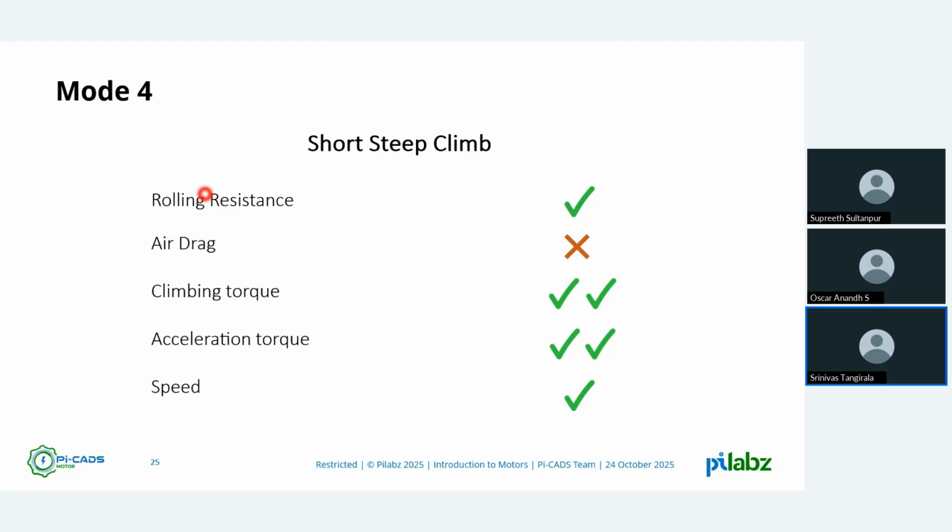But climbing torque is very high because you need to overcome the gravitational force, and you also have to accelerate a lot to come out of the steep climb, while the speed stays low. So these are the 4 modes, and the 5th mode is overtaking. In overtaking, your speed is kind of high, and there is acceleration torque. You put it in 3rd gear or whatever and try to accelerate.